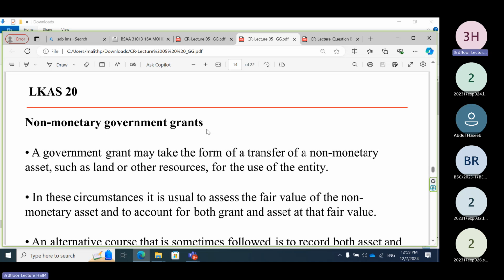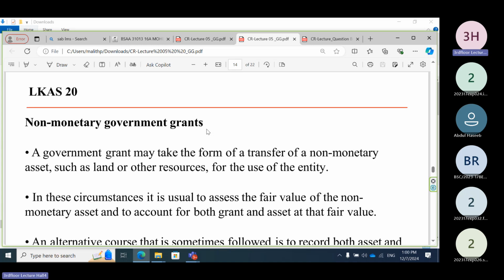So now you may have a doubt about how we are going to recognize this grant account. For this benefit, if you have a condition for the next 5 years, defer this for the next 5 years, then recognize according to a pattern.